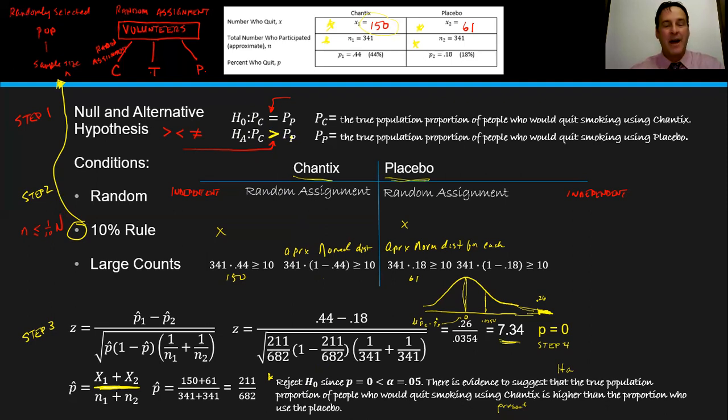However, your book will sometimes say P of C minus P of P must be equal to 0, and sometimes do the alternative of P of C minus P of P is greater than 0. So they sometimes like to write it like that.